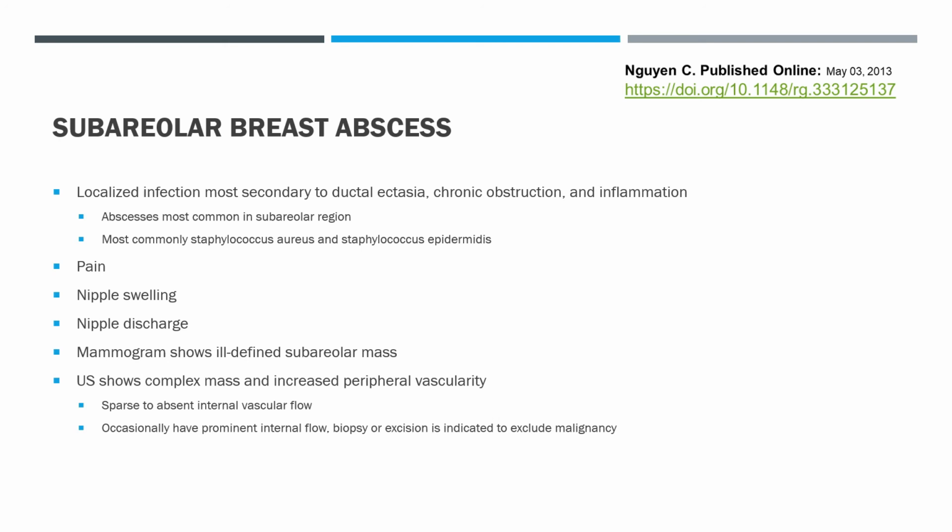You can see pain, nipple swelling, nipple discharge, and mammogram shows ill-defined subareolar masses. Ultrasound shows a complex mass and increased peripheral vascularity in most cases. You can have absent internal vascular flow, and you can have occasional prominent internal flow. When you do see that prominent internal flow, biopsy or excision is indicated because malignancy can have a very similar appearance.